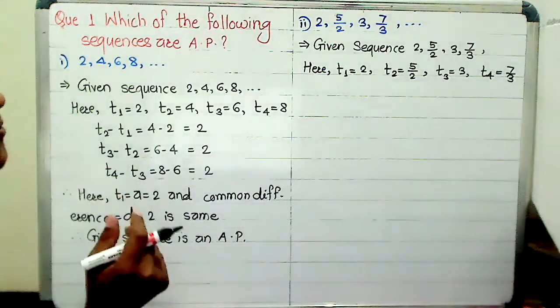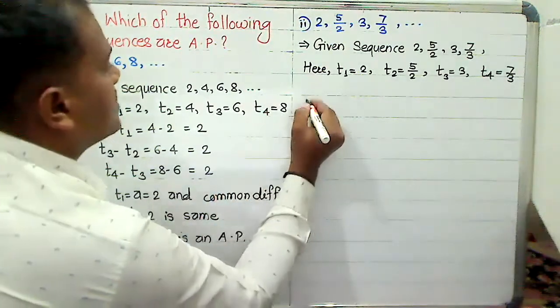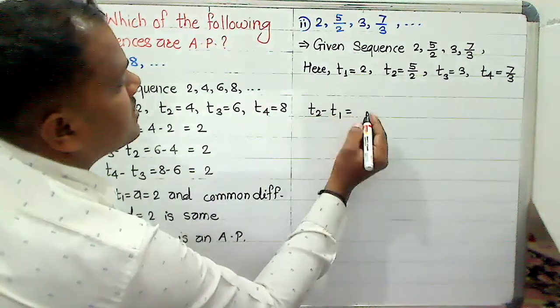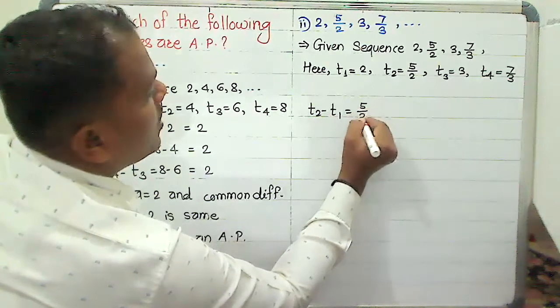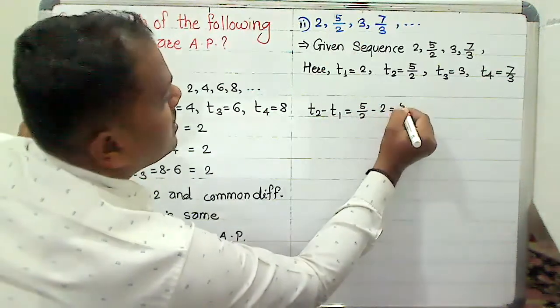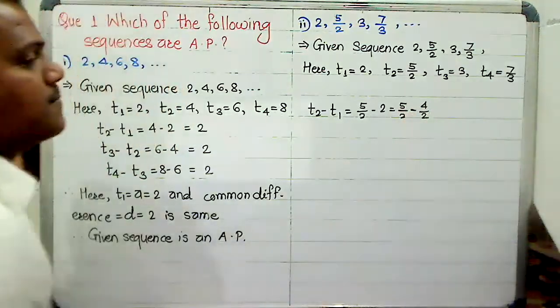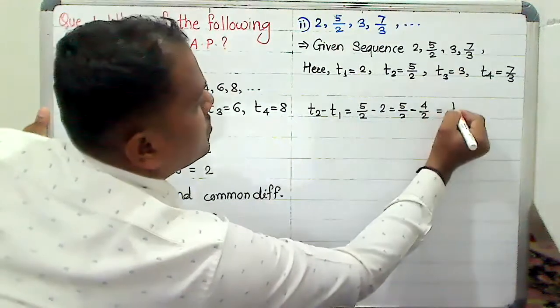Now we have to find the difference between consecutive numbers. T2 minus T1 is 5 by 2 minus 2, which is 5 by 2 minus 4 by 2, so it is 1 by 2.